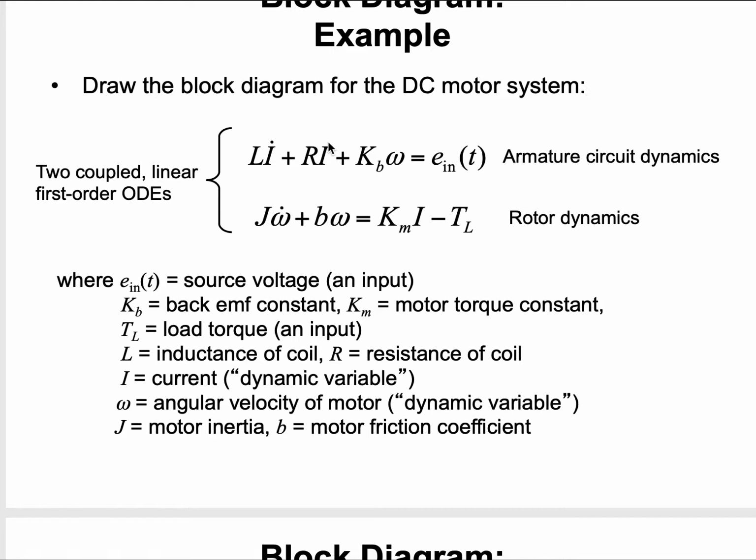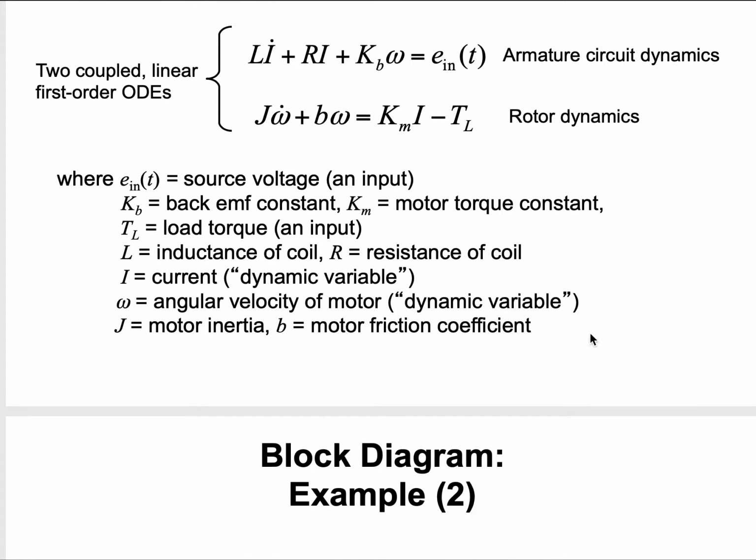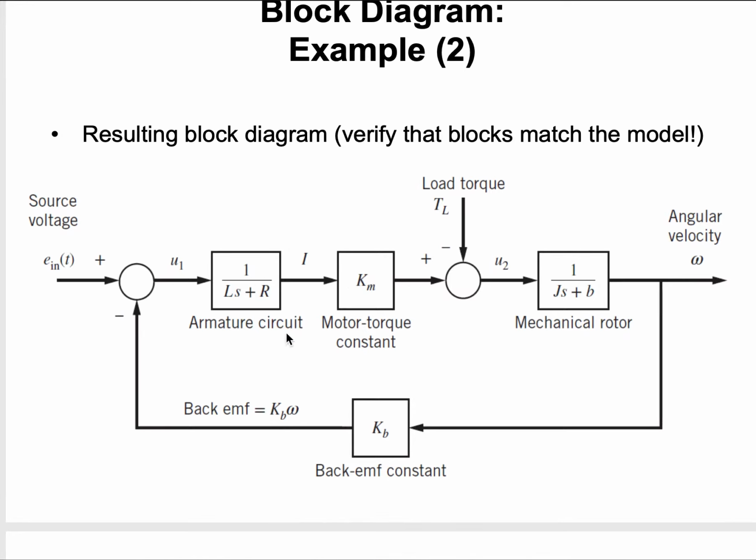So my output divided by input is 1 over Ls plus R. So I put it here, 1 over Ls plus R. So that current is multiplied by the motor torque constant, and that becomes my torque created by the electric motor.